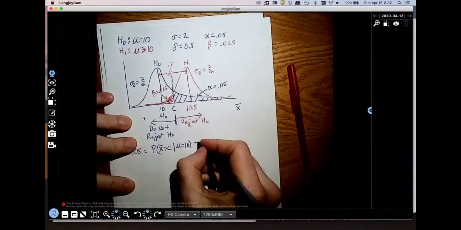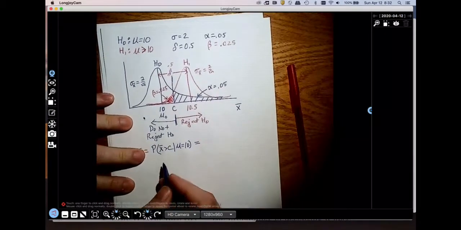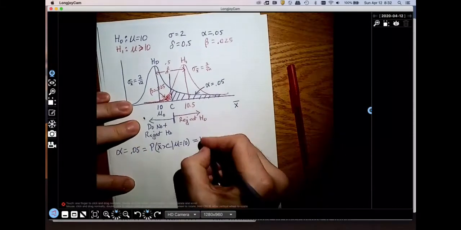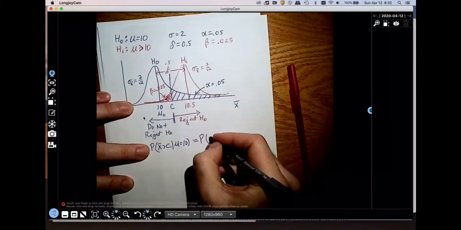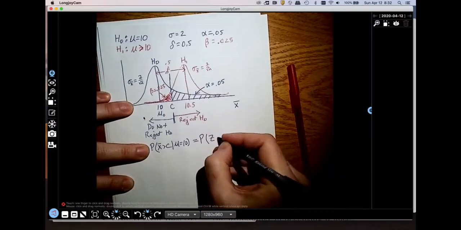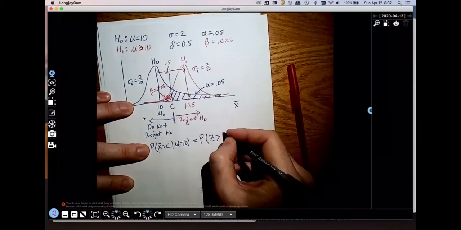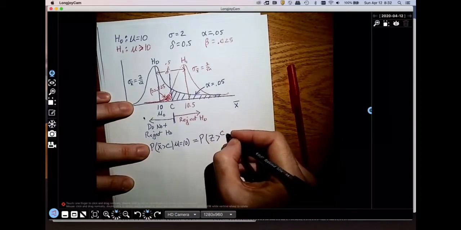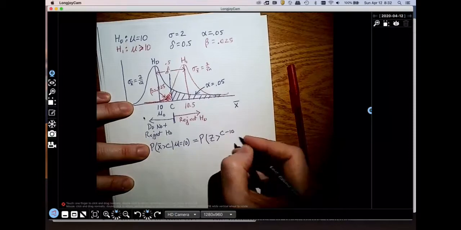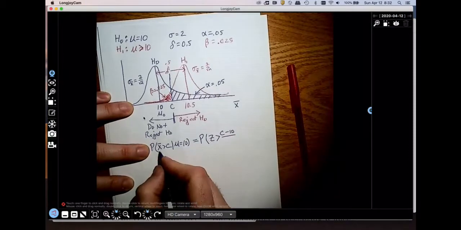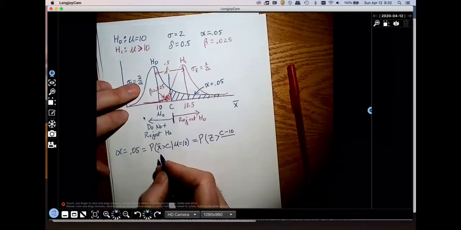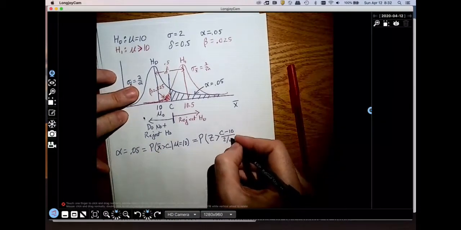Well, I'm now going to convert this x bar into a z, and so since x bar is normal, we can turn this into a z simply by subtracting the mean. Well, what's the mean? It's 10, and dividing by the standard deviation of x bar. So what's the standard deviation of x bar? Well, it's 2 over root n.